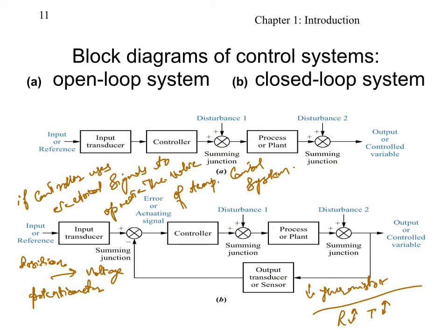So there is a self correction system in the closed loop system, and if there is no difference, then it doesn't drive the plant. So it is very important from the industry point of view.